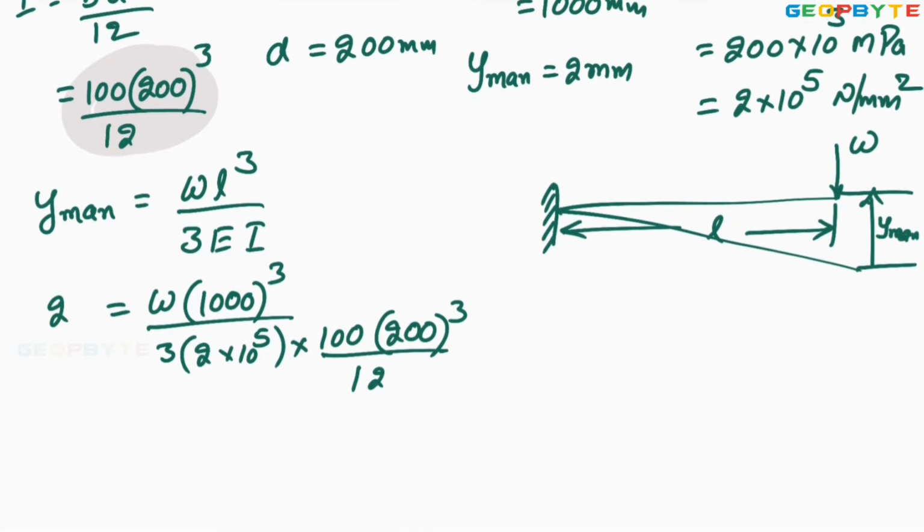You simplify this value for getting the load. The load that I got is 80 kilonewtons. Of course, from this you will get 80,000 newtons, which can be written as 80 kilonewton.